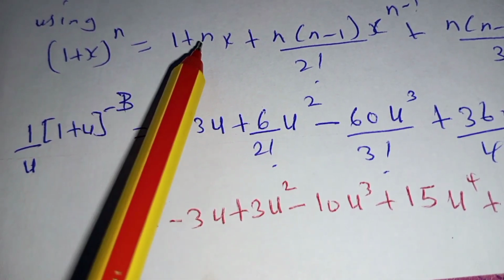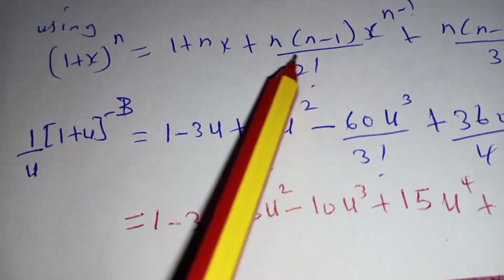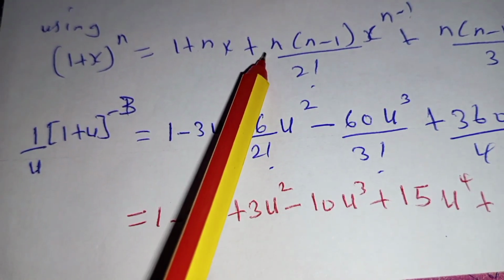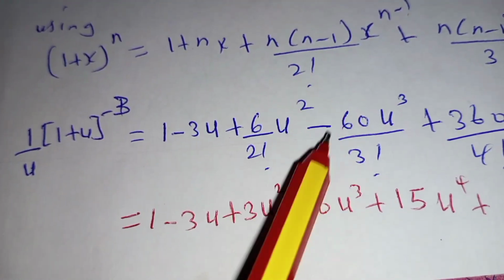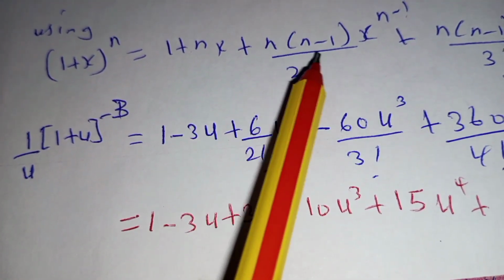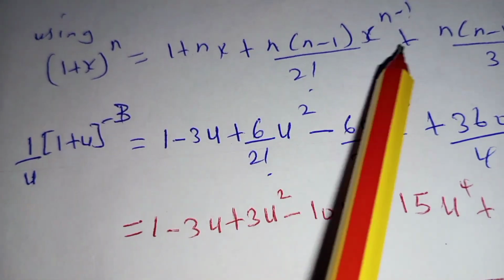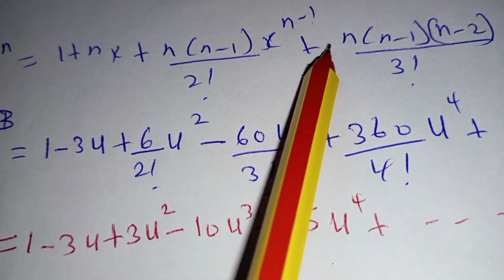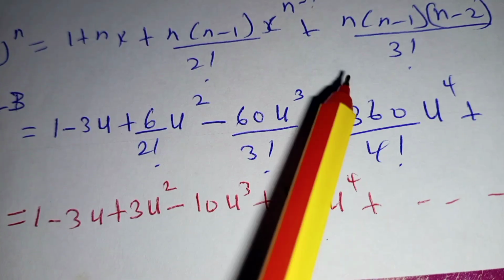So here, instead of n, we are writing negative 3. And now, after operating, n is negative 3 into bracket negative 3 minus 1, we are going to obtain negative 3 multiplied by negative 2, which will give you 6. In this other case here, you have negative 3 multiplied by this, which is going to give you this, and the last part will give you this value here.